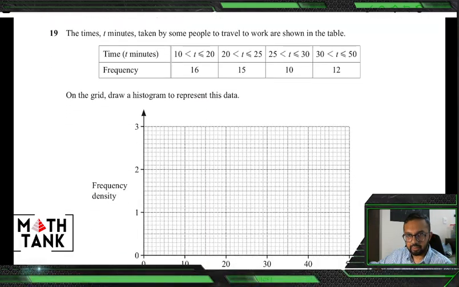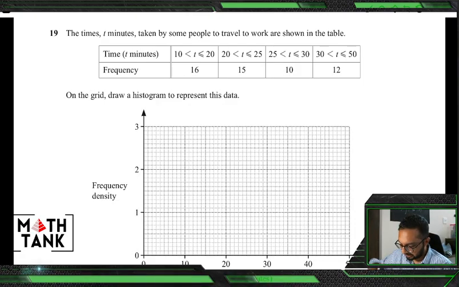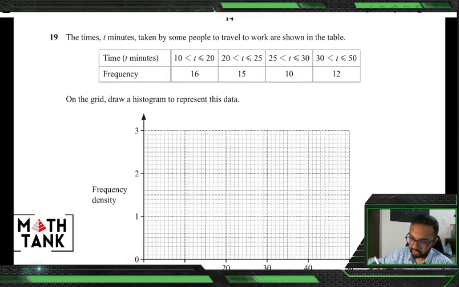Then this is another question on a histogram. Let's see what we can do about this. Let's try to draw this quickly. It's 3 marks. Again, remember that I need the frequency density, and for frequency density I need the class width. So I'm going to calculate the class widths here. 20 minus 10 gives me 10, 25 minus 20 gives me 5, 30 minus 25 gives me 5 as well, 50 minus 30 gives me 20.